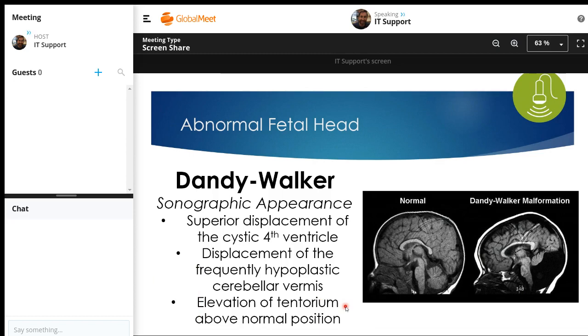In a sagittal plane, we're going to see the superior displacement of the cystic fourth ventricle, displacement of the hypoplastic cerebellar vermis. So all of these things are going to be very obvious on ultrasound.